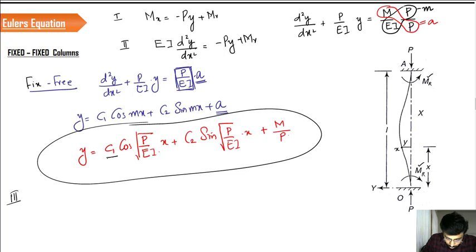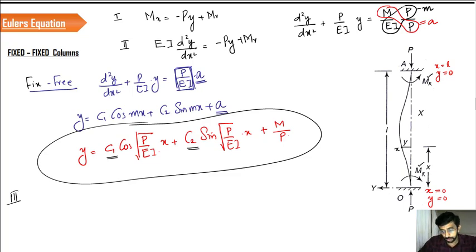Now the third step is the identification of these constants C1, C2. To do that, we need the boundary conditions. So what are the boundary conditions for this? It's very much similar to that of the hinged condition, where at x is equal to 0, you have y is equal to 0, and at x is equal to L, you have y is equal to 0.